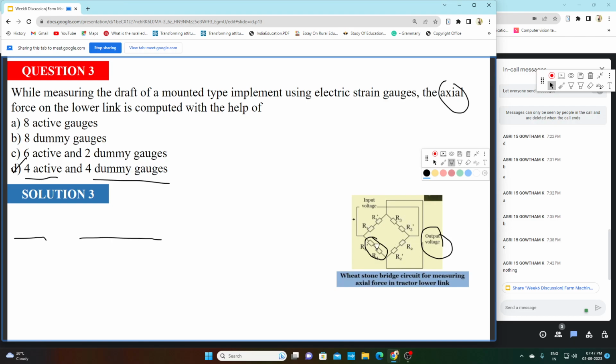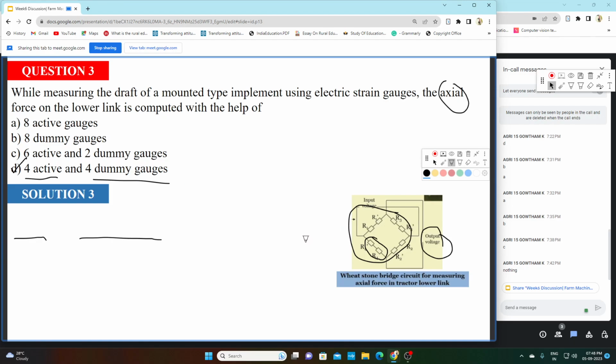Because when we use these 4 resistances, the circuit becomes a Wheatstone bridge circuit, and the output voltage is 0. Now when there is a change in resistance in any of the strain gauges, an output voltage is produced, and by this output voltage we get the axial force. Okay, this is the concept.